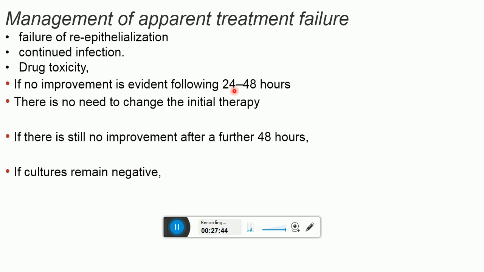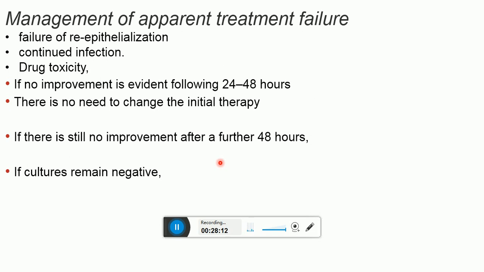If there is still no improvement after 48 hours, suspension of treatment should be considered for 24 hours, rescraping performed with inoculation of broad range media, and additional staining techniques requested. Consideration should be given to the possibility of non-bacterial constituent microorganisms. If cultures remain negative, it may be necessary to perform a corneal biopsy for histology and culture.